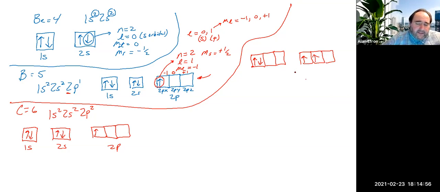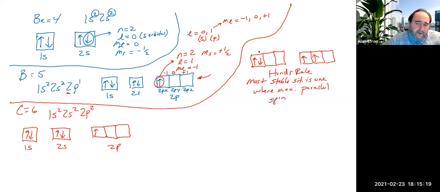And out of these two, there is a rule known as Hund's rule. And basically what Hund's rule says is the most stable situation is one where we maximize parallel spins.